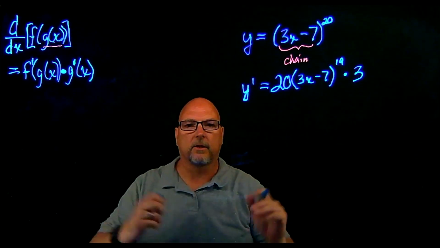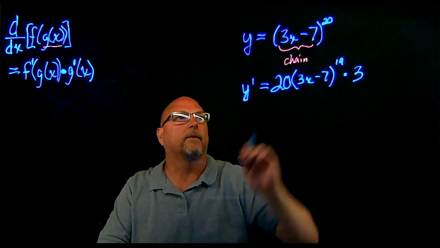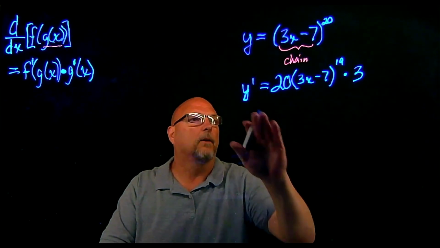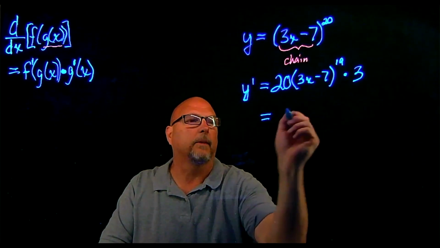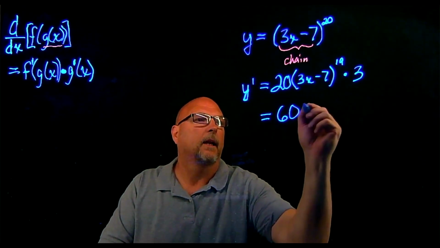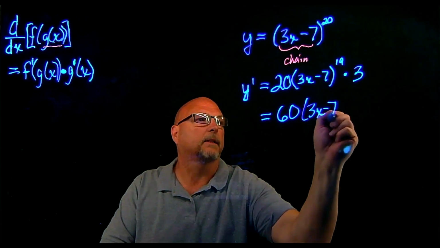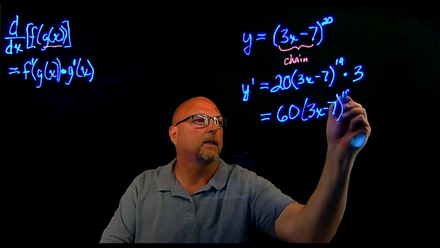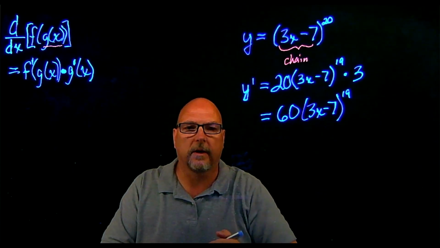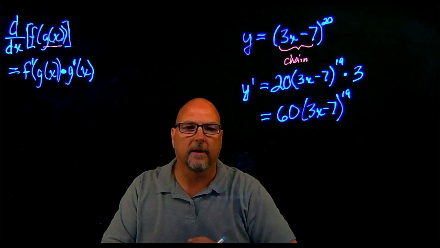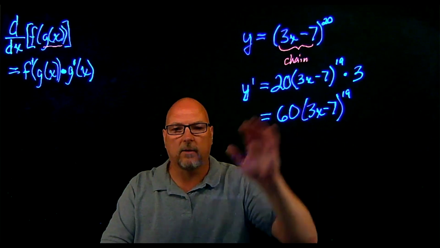And there you have just used the chain rule to take the derivative of something that has a big exponent on it. We'd probably clean this up a little bit and make it 60 times quantity 3x minus 7 to the 19th power. So there you have it. Quick example. We'll look at a couple more here.